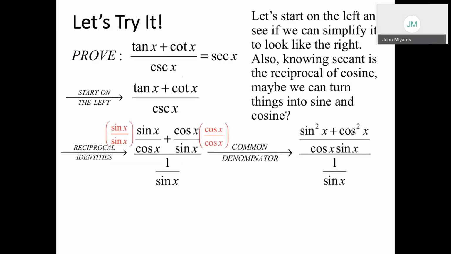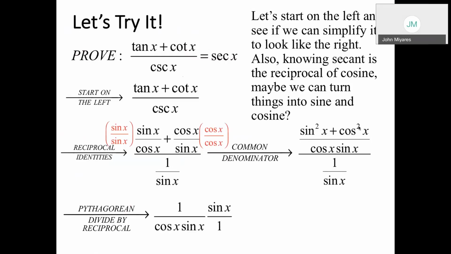Next, let's do a few things. We see in the top of the top fraction, we have sine squared x plus cosine squared x, which, applying the first Pythagorean identity, will reduce this to just 1. Then dividing by 1 over the sine of x will be the same as multiplying by sine of x over 1 as we flip and multiply.